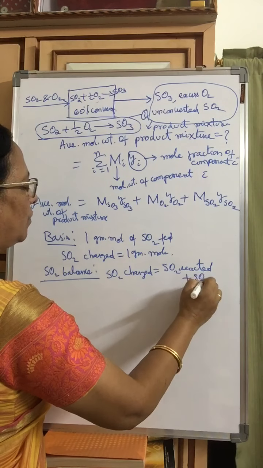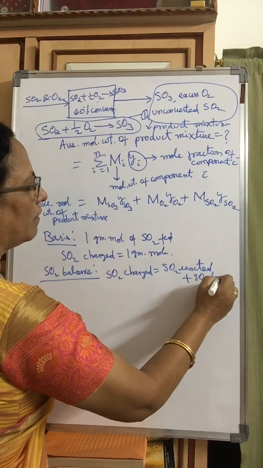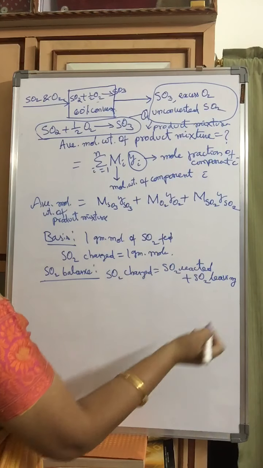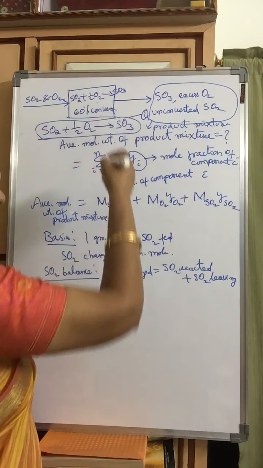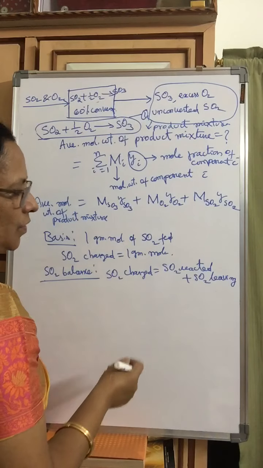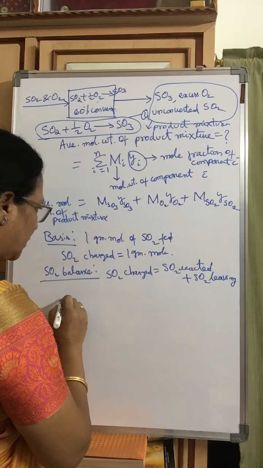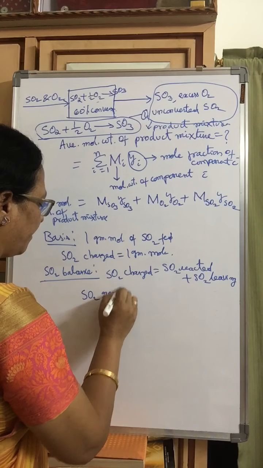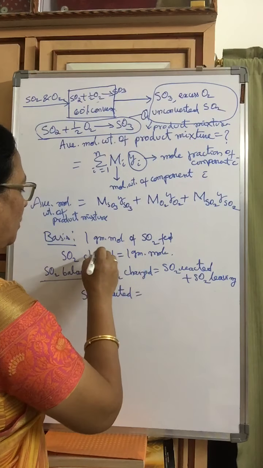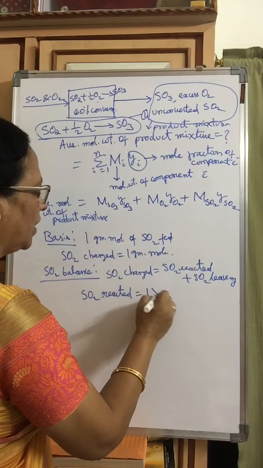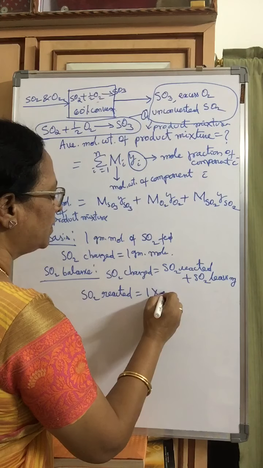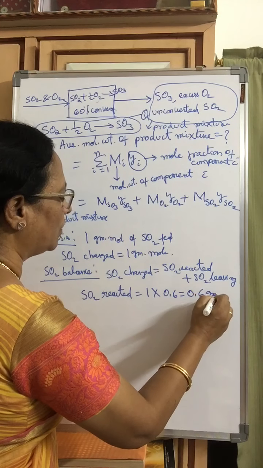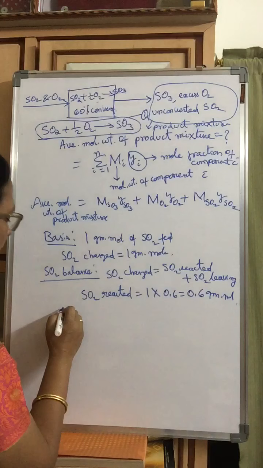As I told you in the last class, you can also calculate in another way. Here 60% is converted, so the remaining 40% is SO2 leaving. That is a simpler calculation. So SO2 reacted is how much? 1 mole we have charged, but conversion is only 60%, so 0.6 gram moles of SO2 reacted.